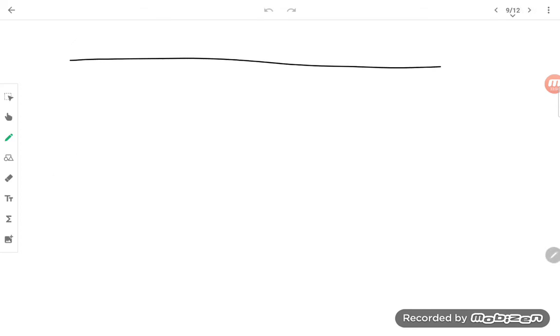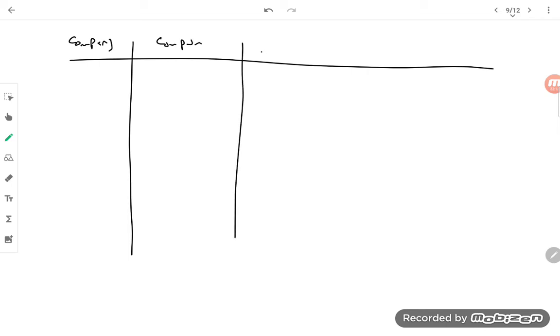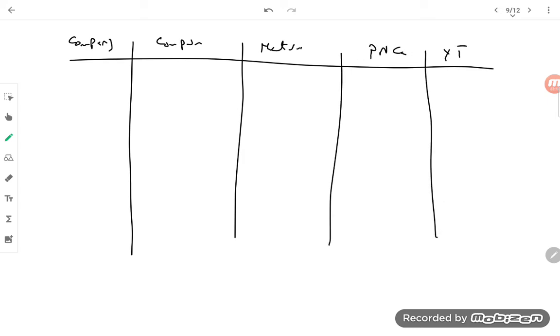Let's take an example for a number of companies. This is coupon, maturity, price, and yield to maturity. This is company A, B, C, D, and E. Coupons: 6.125%, 7.2, 5.15, 5.85.